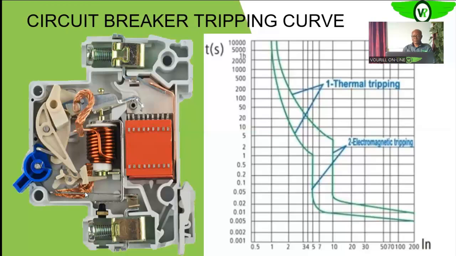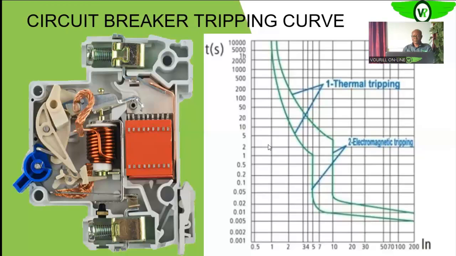Let's assume that we have 2 times the rated current of the circuit breaker. So here on the graph, we have the 2 times the rated current of the circuit breaker. And when you trace it up, that would mean that it will trip somewhere between 15 and 16 seconds. So when you increase that load, the overload, say to 3 times the rated current, you see that the time it will take to trip has reduced to about 2 seconds.